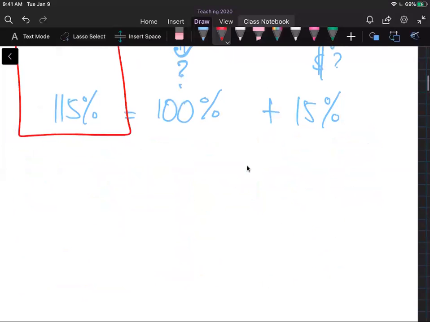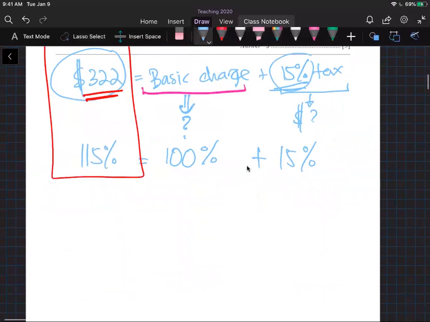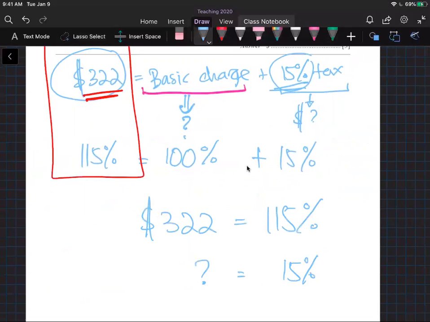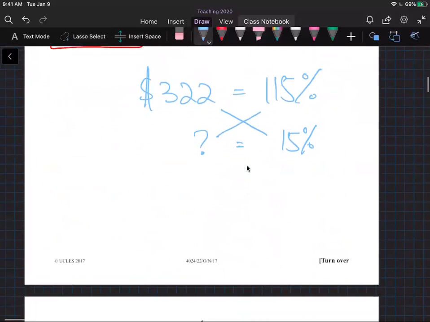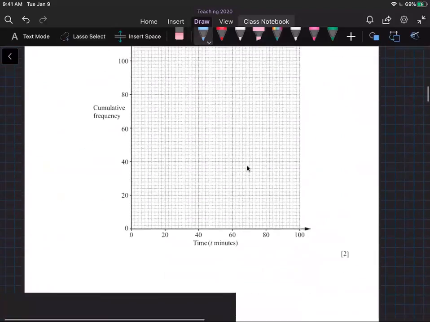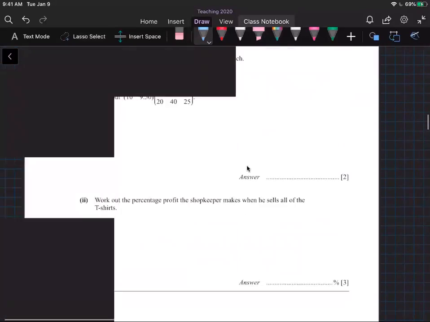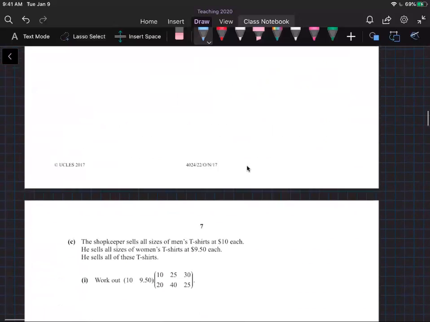If I were to write all of that information, it would be 322 equals 115%. So 15% equals how much? All you have to do is cross multiply, and you should find your tax. Because you want the tax, convert the 15% into dollars. That's it. So let's go to the next one.